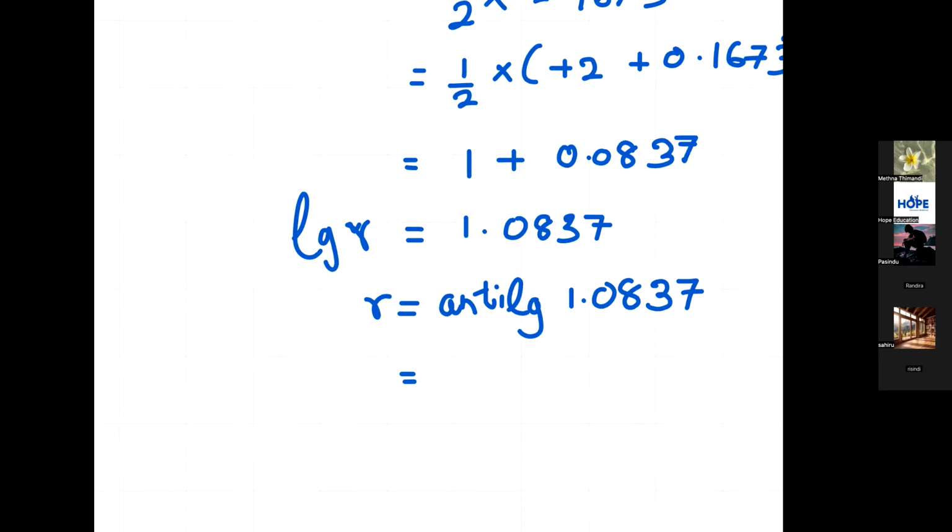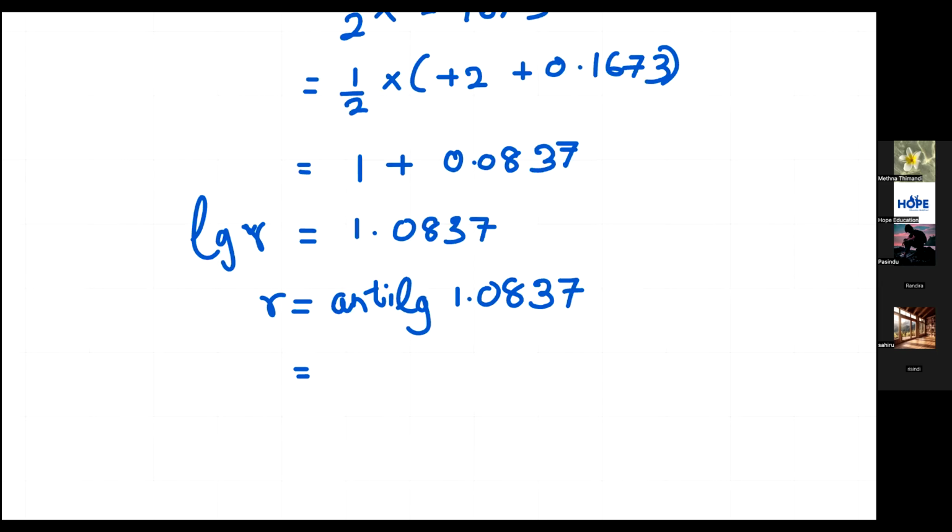I'm waiting for you all to find this. Tell me what you read from the log table. Okay, Pasindu? Okay? Others? Yeah, it is 1, 2, 1, 2. Since there is a 1 here, going back one place at D4, it should be here. So the radius should be 12.12 centimeters.